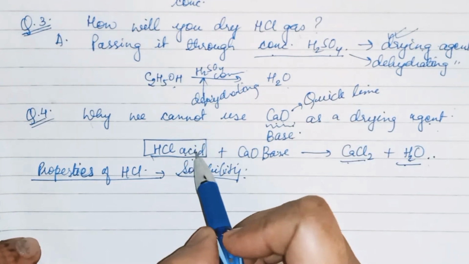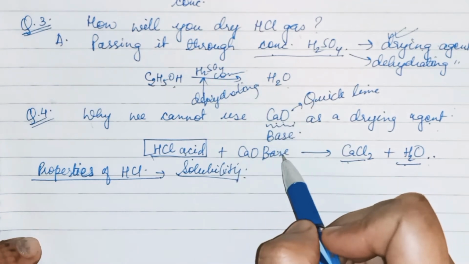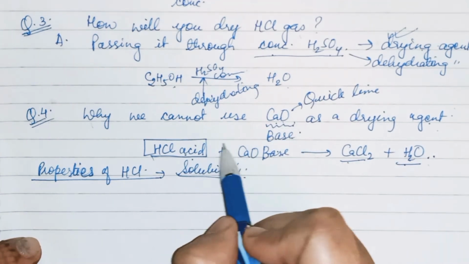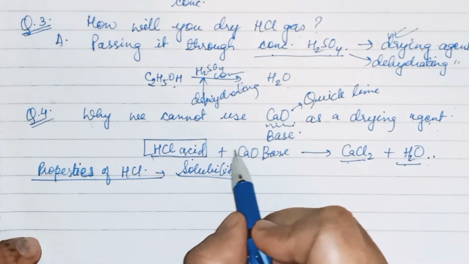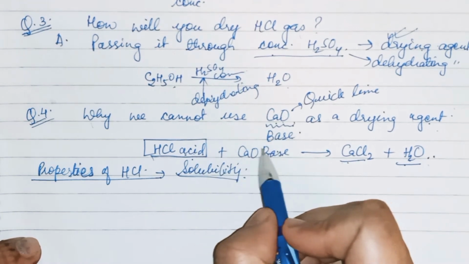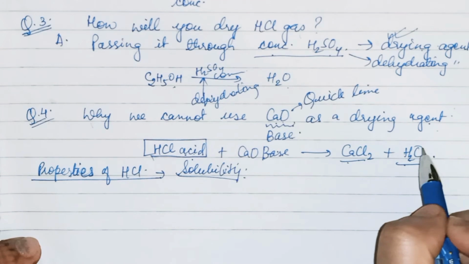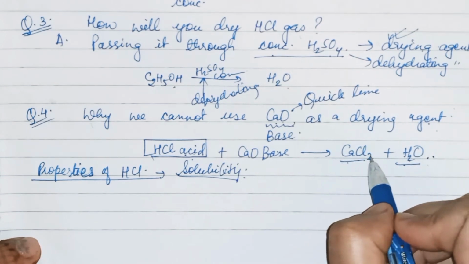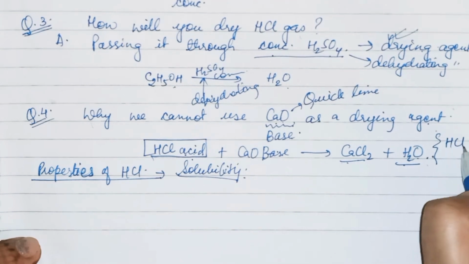See here, the reason is that HCl is an acid and CaO is a base. So when they come in contact with each other, the reaction will start between them. Acid and base, they both will react, and the purpose of the reaction is changed now. Here you are getting salt and water. You will not be able to find HCl now.